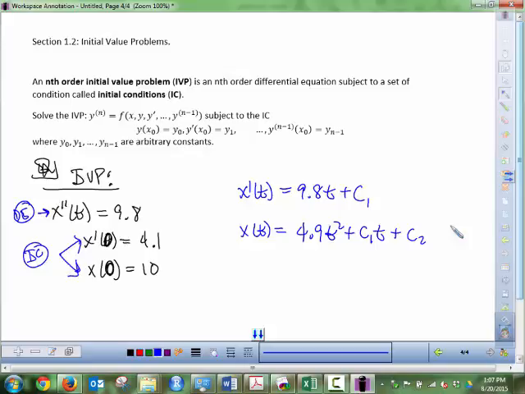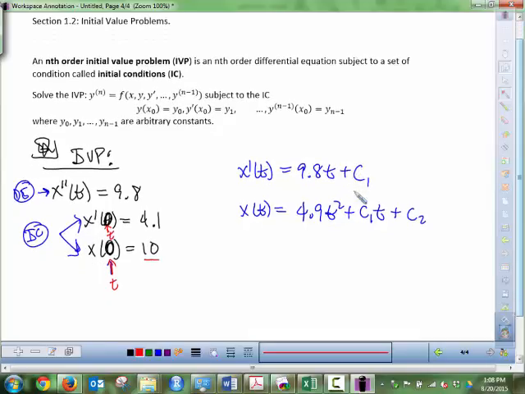So what does that mean? What we can do is put 0 in for the t values, and then x of 0 would become 10. And then if we put in 0 in your first derivative equation, we should get this thing to equal 4.1. So let's see if that'll work out.